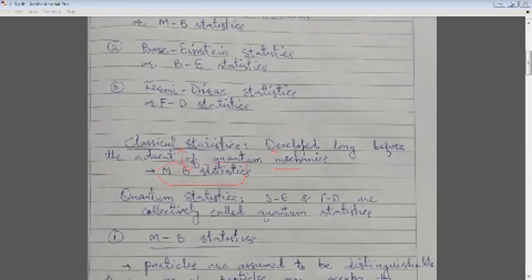The Bose-Einstein and the Fermi-Dirac statistics are collectively called quantum statistics. That means you can classify these into classical statistics, which includes MB, and quantum statistics, which includes BE and FD.